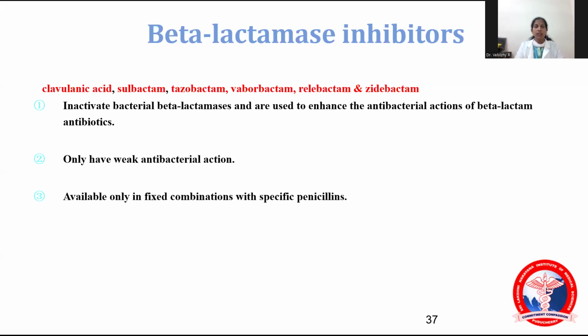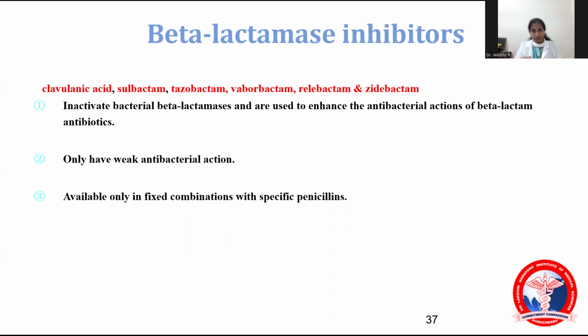Here we have clavulanic acid, sulbactam, tazobactam, vaborbactam, relebactam, and zidebactam. These are the beta lactamase inhibitors we have. Usually they don't have antibacterial action. The main thing is to improve the efficacy of penicillin, so we combine the beta lactamase inhibitor with penicillin.